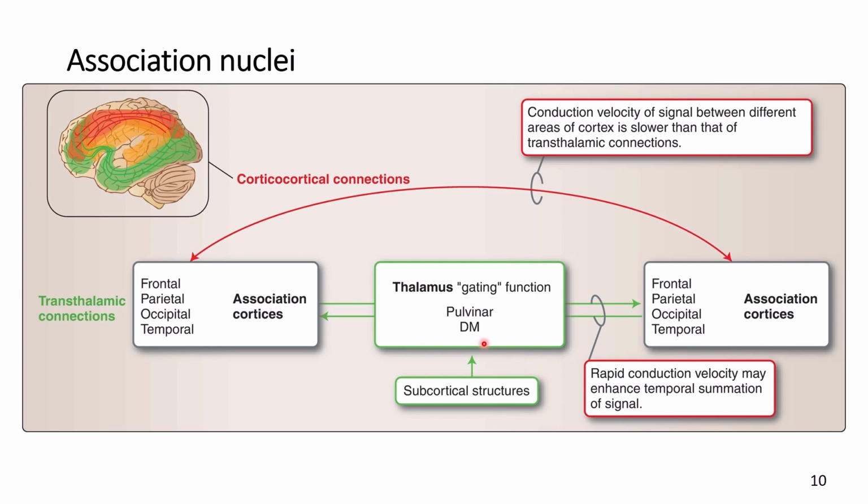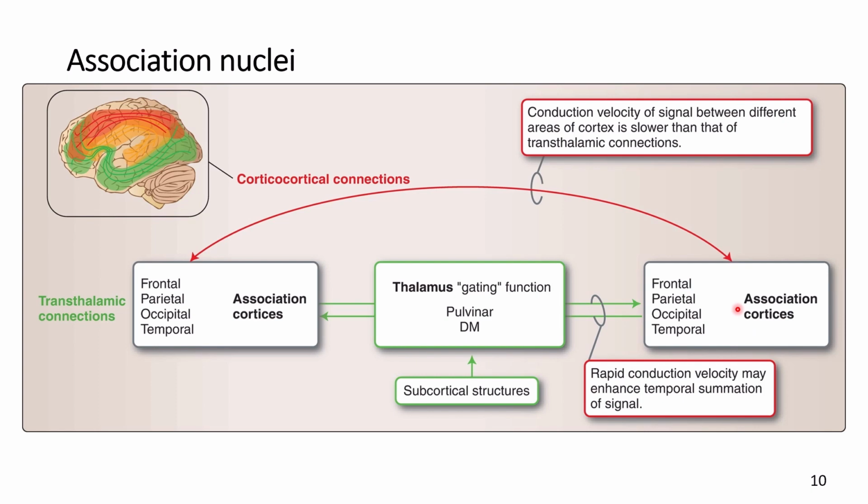These are the different stimuli received by the thalamus and the pulvinar and dorsomedial nuclei. And the thalamus is now connected with association cortices. You can see that the association cortex is in all lobes.